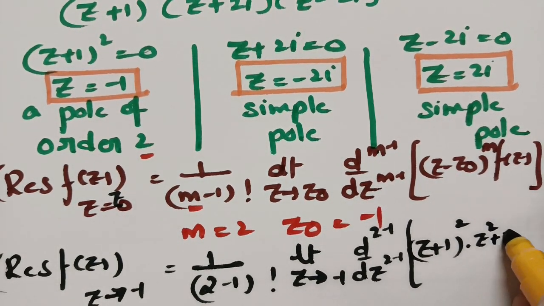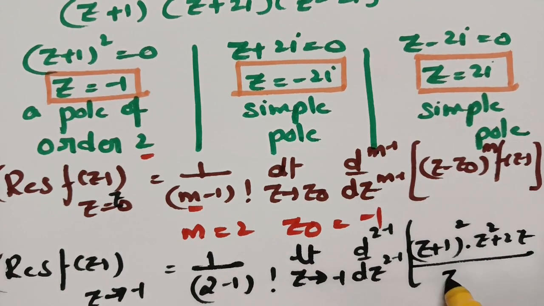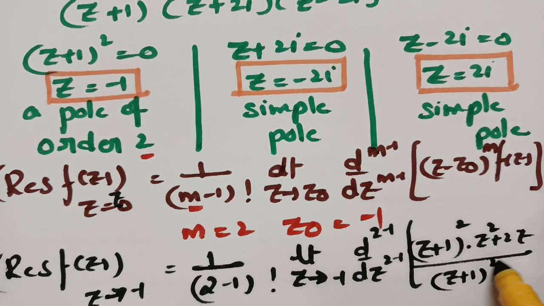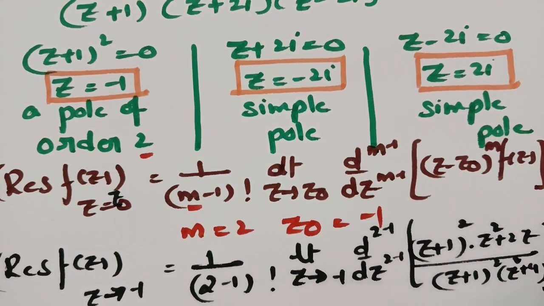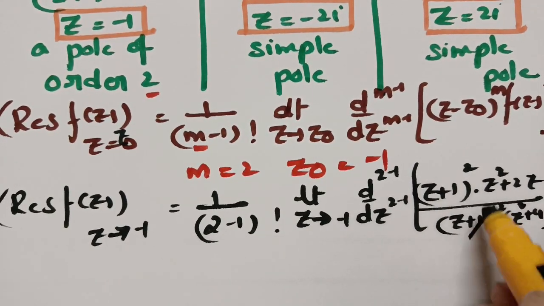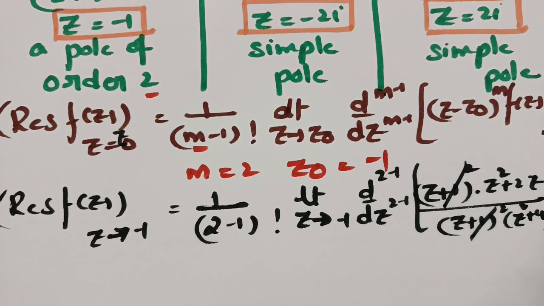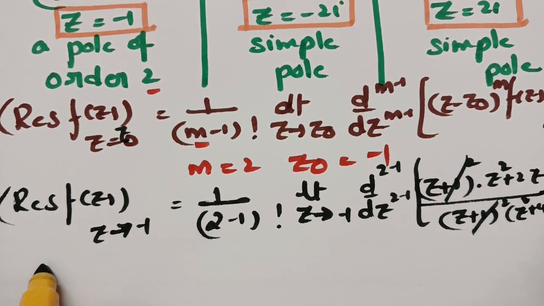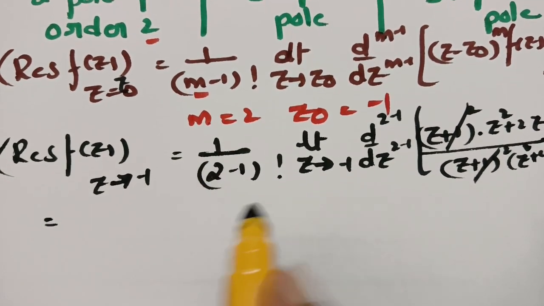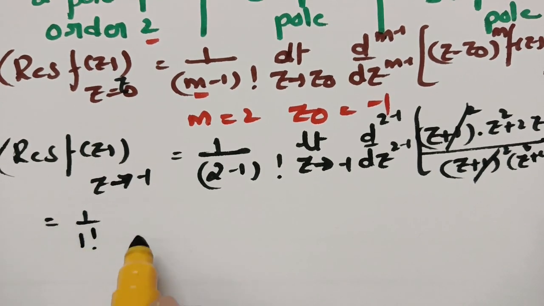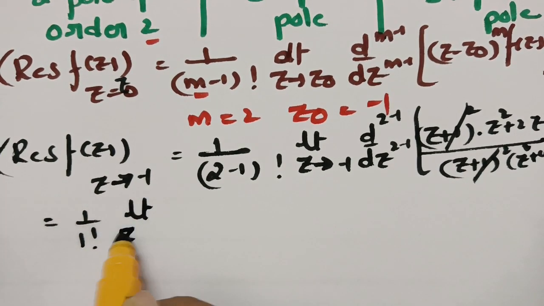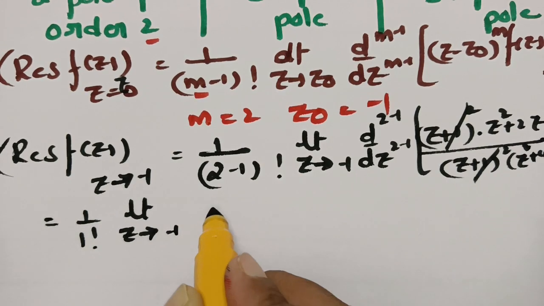Now I can cancel the (z + 1)² in the numerator as well as the denominator. This is going to become 1/(2 − 1)!, which is nothing but 1/1!, times the limit as z tends to −1.